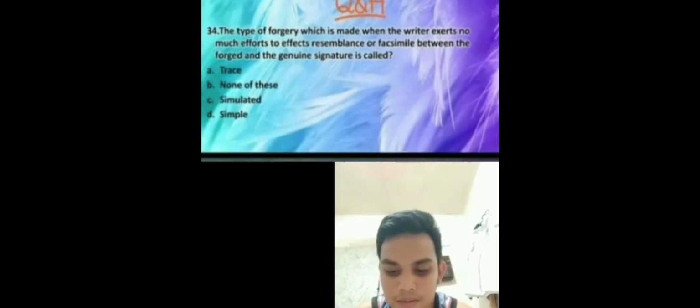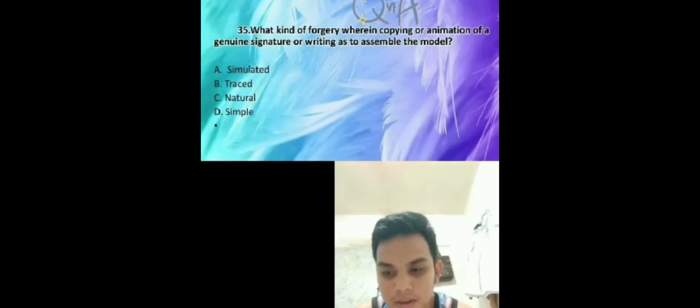In letter B, none of this. In letter C, simulated. Dito naman ay isang simulate o freehand na pamimeke. Ito ay sinusubukan na gayahin ang itsura at estilo ng orihinal na lagda sa pamamagitan ng pagsasanay nito ng maaga.